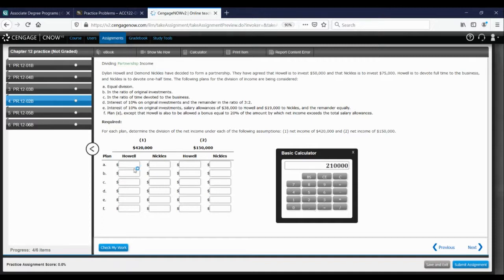Each partner, Howell and Nichols, will share in the net income of $420,000 equally. In other words, each partner will have $210,000 of the total net income.